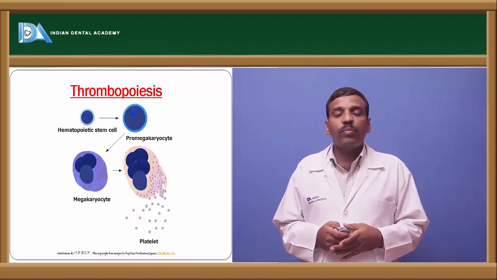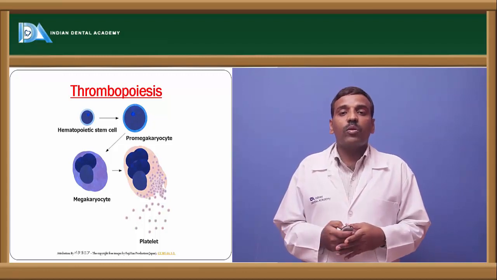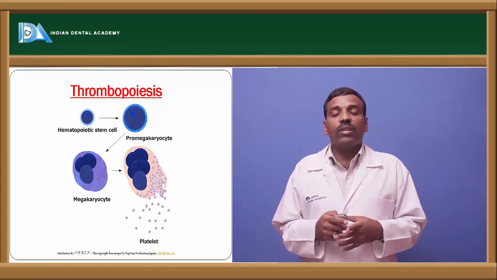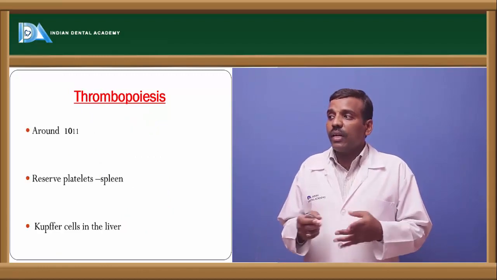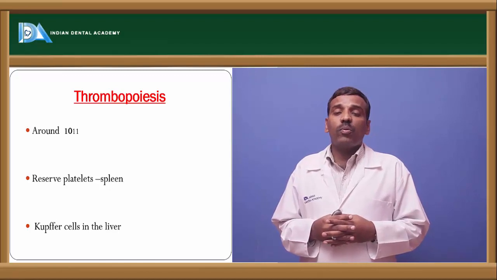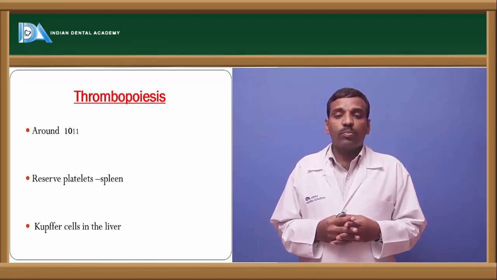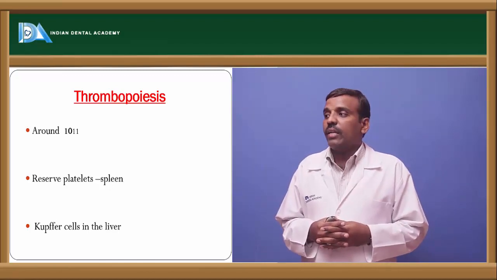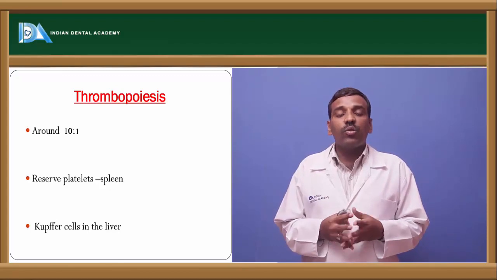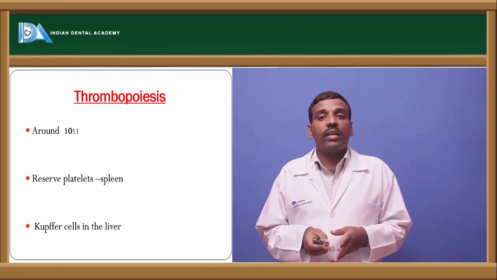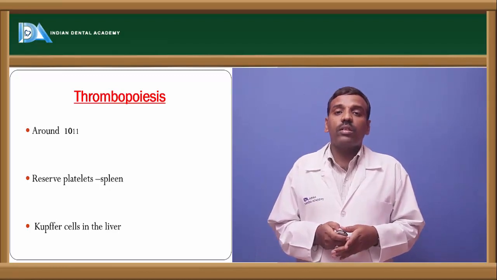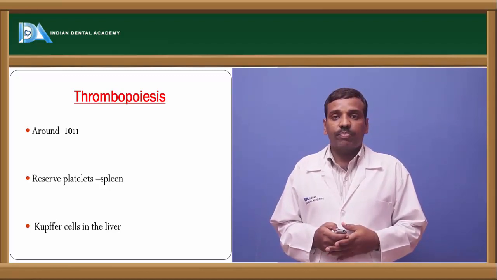The size of these platelets is about 2 to 3 microns. These are slate-like, brick-like structures, and about 10 to the power of 11 are produced per second. The reservoir of the platelets is in the spleen, and the Kupffer cells in the liver produce platelets.